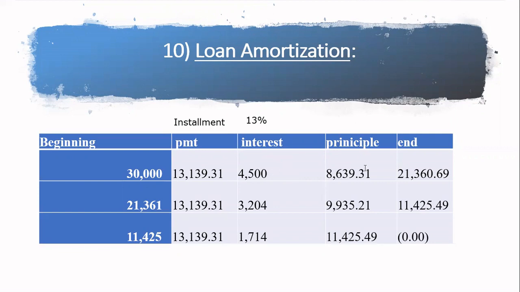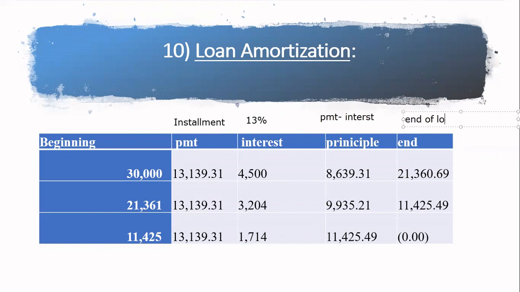So how much of the principal I paid? As you know, the principal represents the installment, which is the payment that I made, minus the interest that I have. So I have the principal. For sure, I can be asked about the second principal, the third principal, and all these things, so it is important to calculate it well. So how can we find the end of the loan?